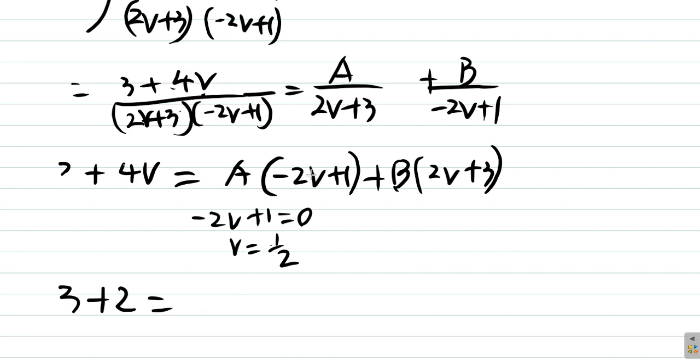Negative 2 times half is negative 1, and negative 1 plus 1 is 0. 0 times A is 0. So what we have is B times 2 times half, which is 1, 1 plus 3 is 4. So B would be 3 plus 2, 5 over 4. B is 5 over 4.